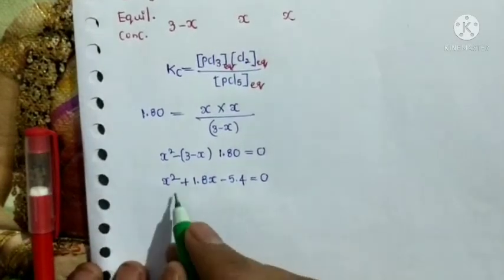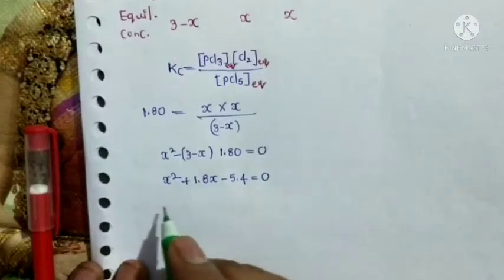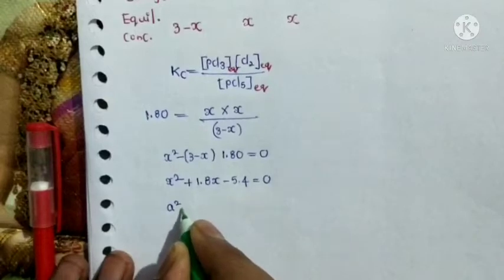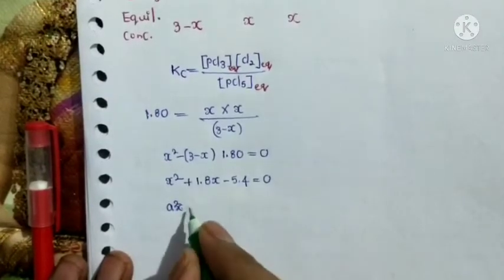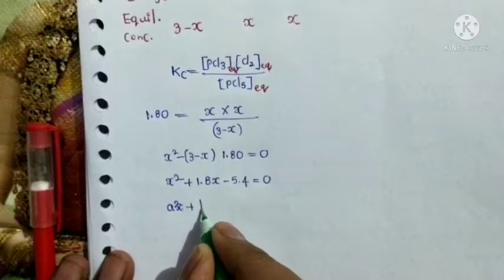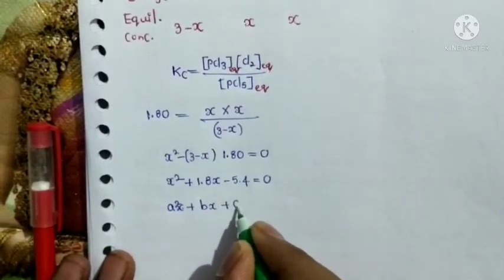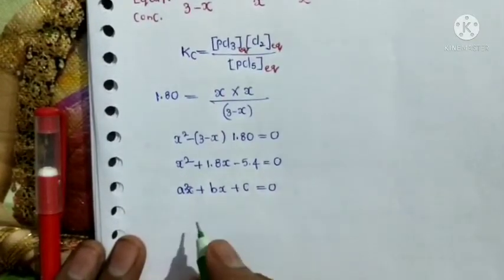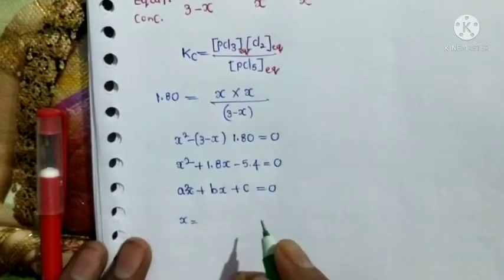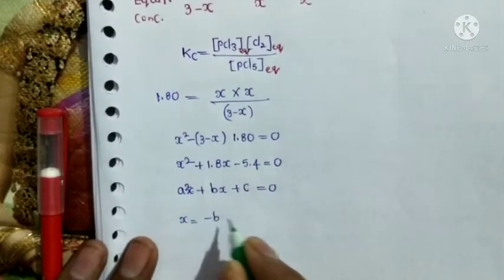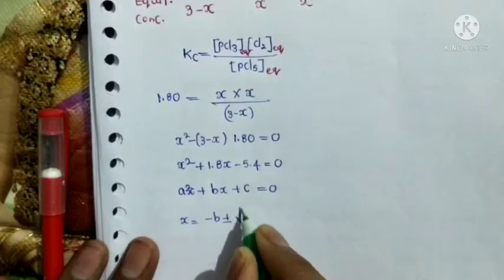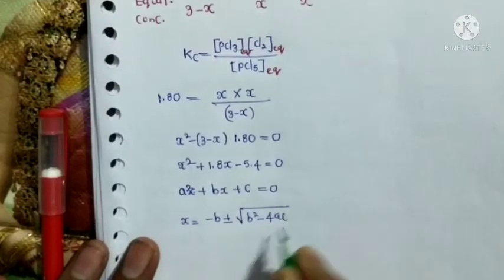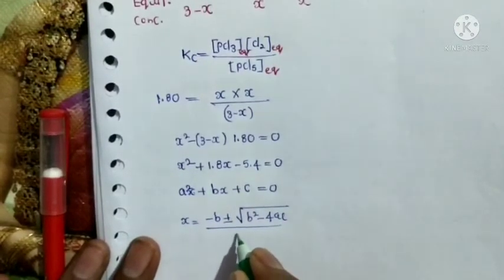This is like the quadratic equation aX square plus bX plus c equal to 0. From this we can find the X value: X equals minus b plus or minus the square root of b square minus 4ac, divided by 2a.